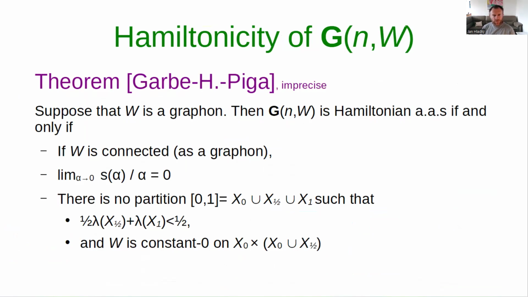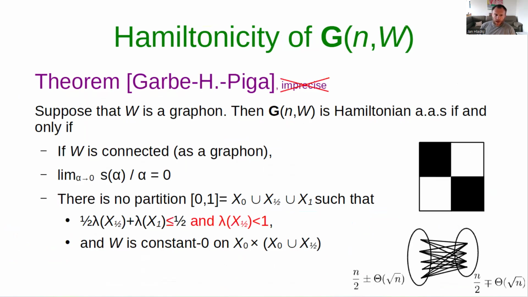G(n,W) is asymptotically almost surely Hamiltonian if and only if W is connected, has a light tail of vertices, and contains no peninsula. That's the imprecise version, remember. And now let me state the precise version.